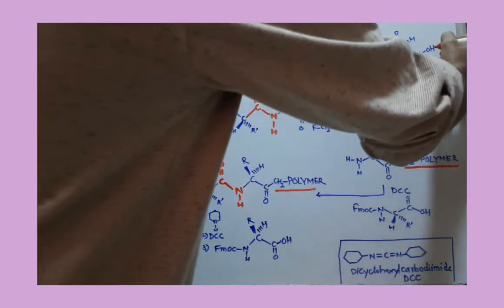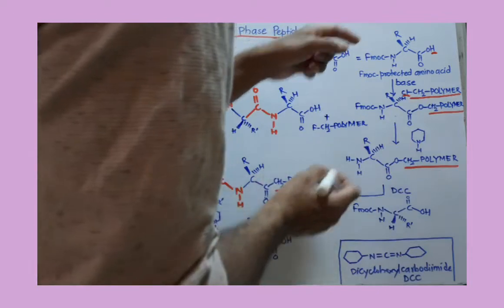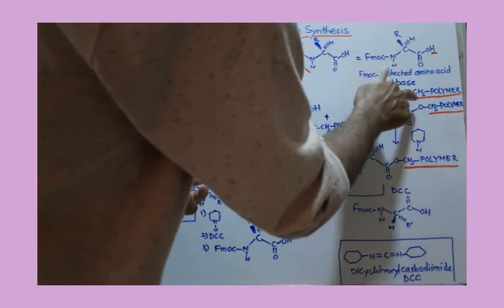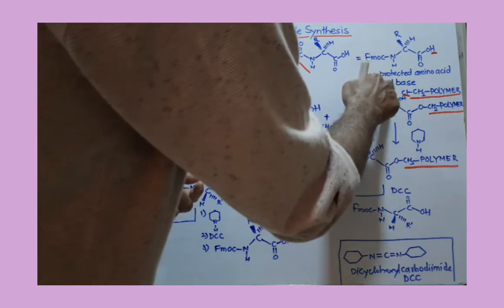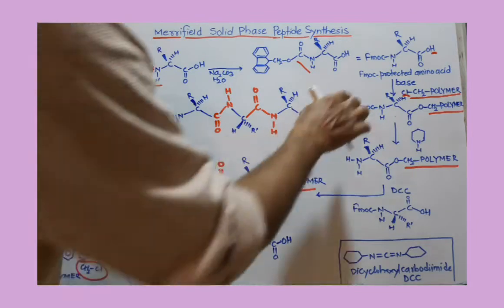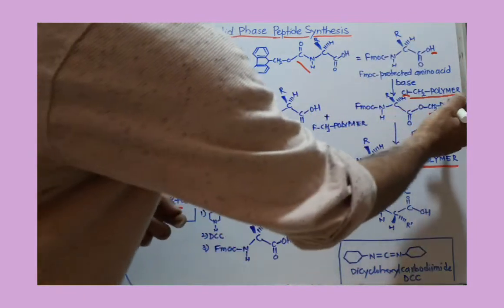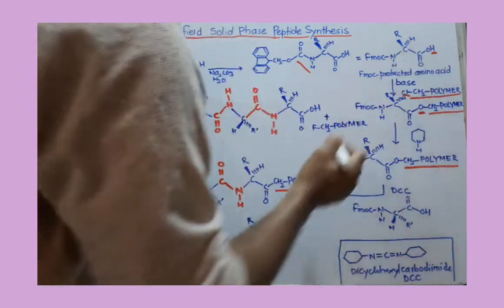Because of this base, you have to remove this H and this Cl. The remaining portion from oxygen you have to join to this polymer. So HCl is produced, and that is neutralized by the base. And you can see here, this whole group is now joined to this polymer at the oxygen.